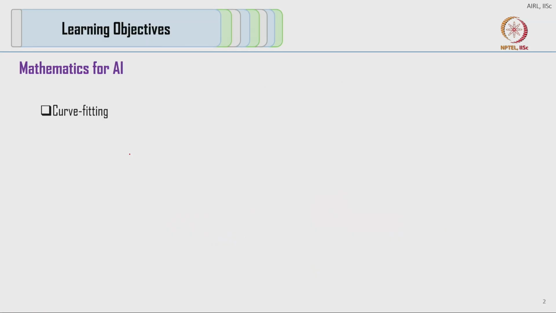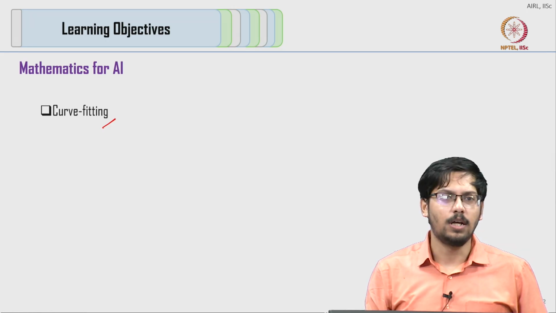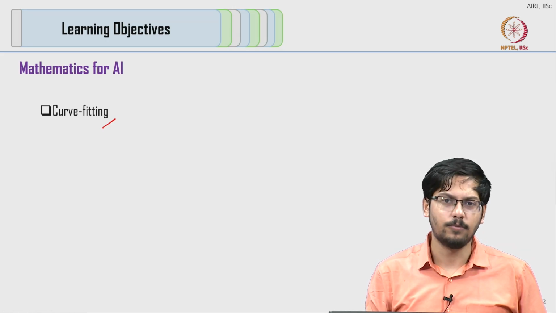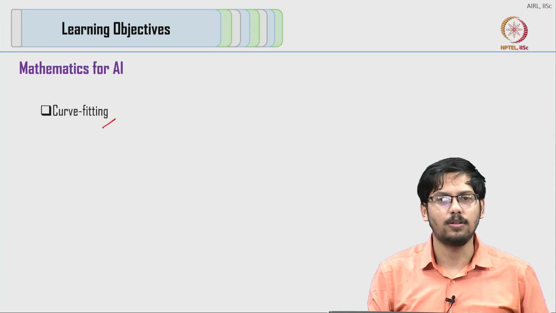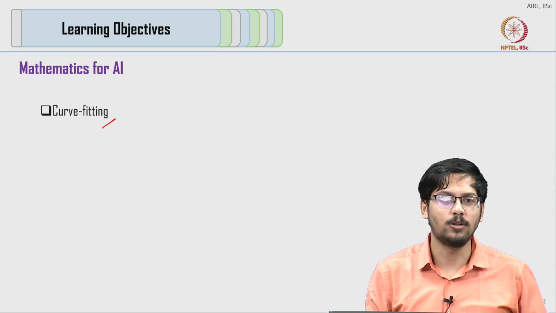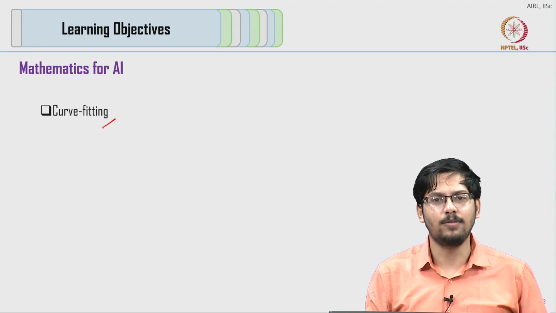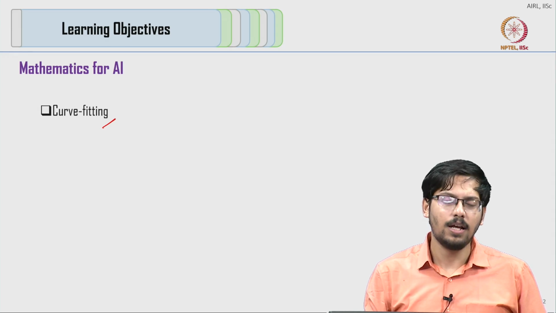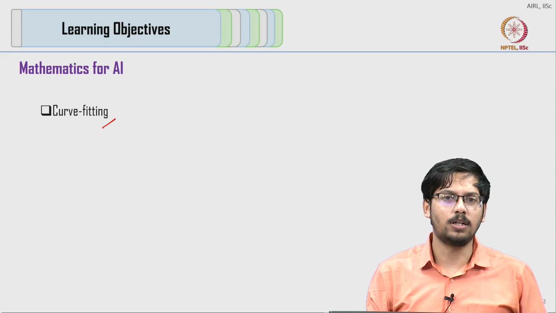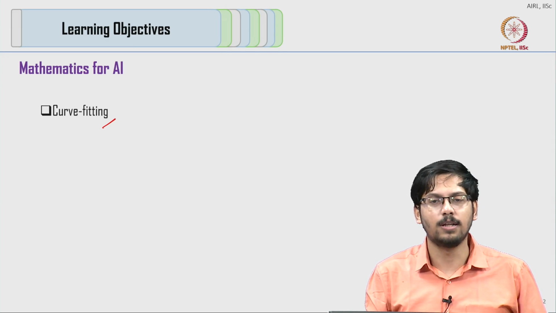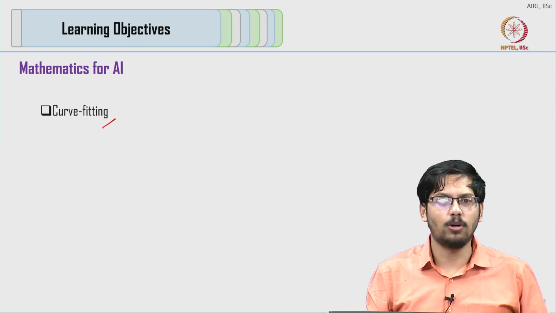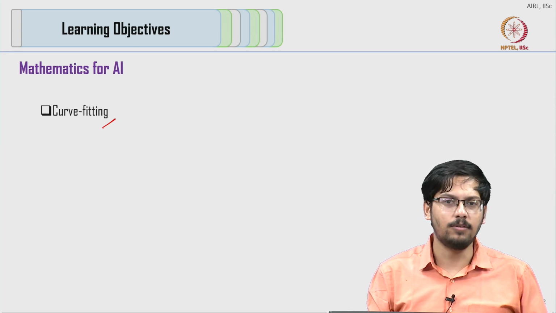Now the learning objectives of this particular tutorial are, we will focus more on the curve fitting example. This is something that we even saw in our lecture where we were trying to approximate a given curve. In our lecture the curve we had was sine 2 pi x, and essentially we had training data around it, and we were trying to come up with a learning model with learnable weights w to approximate all the points on this curve.